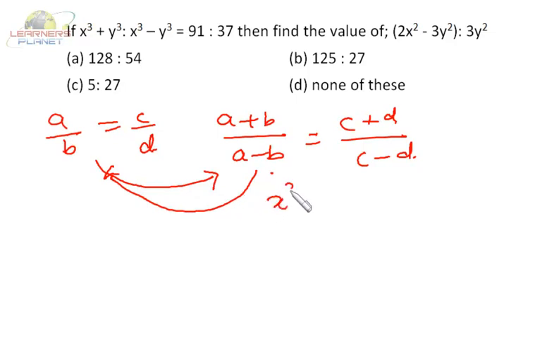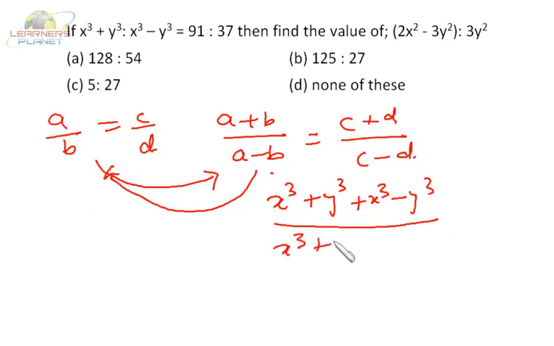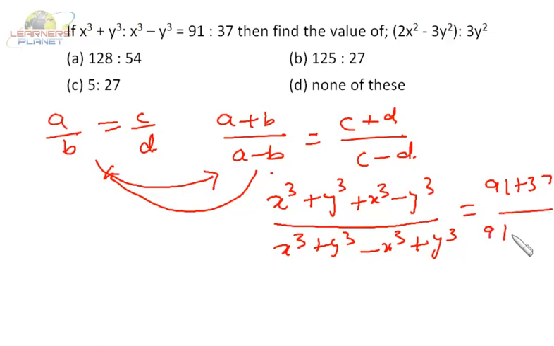So it is x cube plus y cube plus x cube minus y cube, that is, I am applying componendo and dividendo over here, divided by x cube plus y cube minus x cube plus y cube is equal to 91 plus 37 upon 91 minus 37.